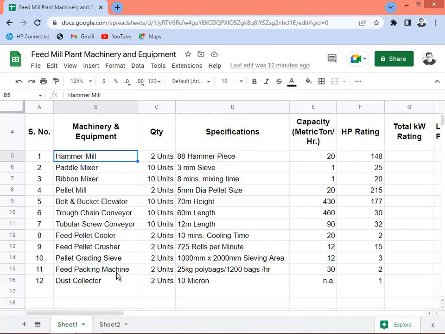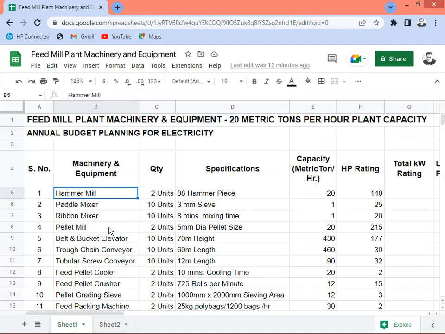Feed packing machine, dust collector. I don't think this is complete. I'm just giving this as an example of the machinery and equipment included when you're running a feed mill plant.